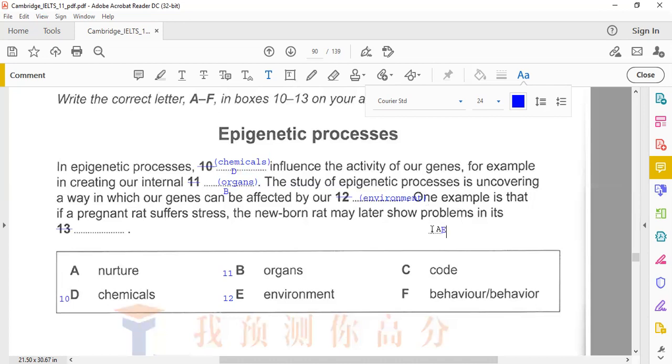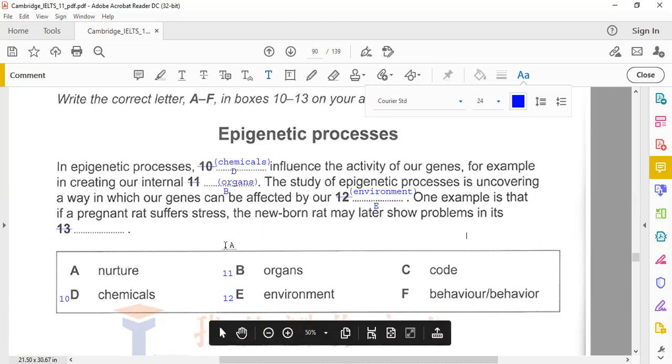E is here, so 12. Then, one example is that if a pregnant rat suffers stress, the newborn rat may later show problems in its behavior. So F is the answer, behavior.